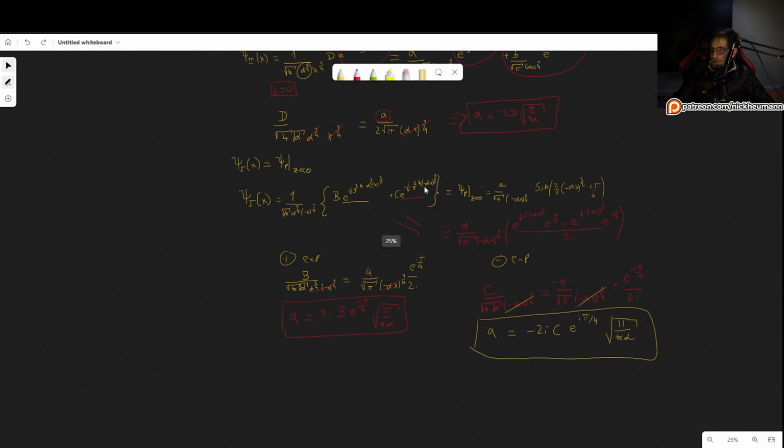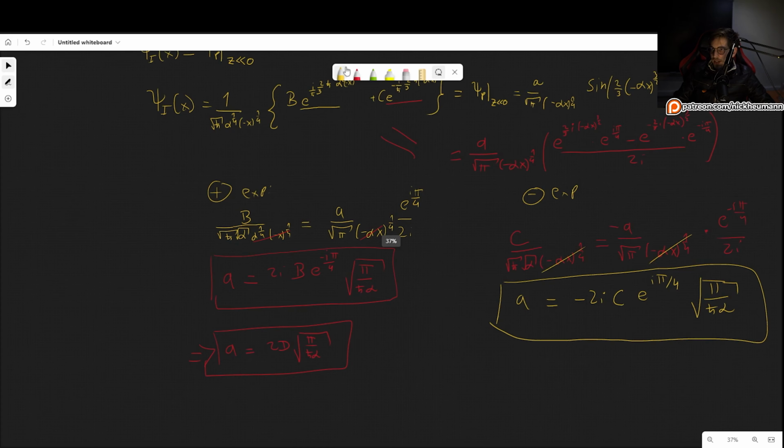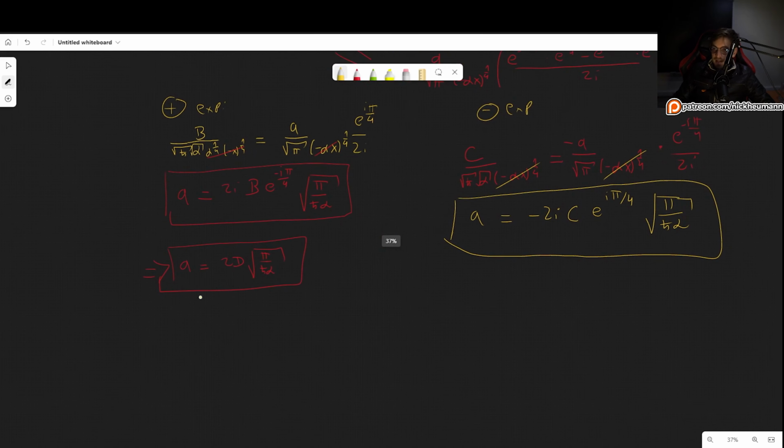Okay, so we have our other result up there. Let me just take it down quickly. Okay, so now let's just equate everything. Maybe let's begin by equating these two here. So 2d, the square root, has to be equal to that thing. So minus 2ic e to the i pi over 4 and this square root.